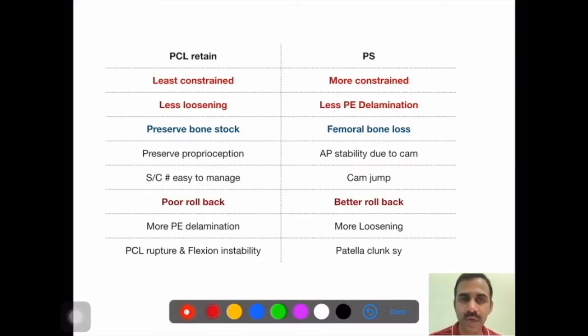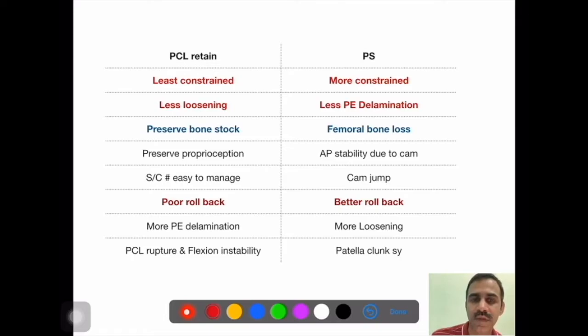The two most commonly used constructs are the PCL retaining knee and the posterior stabilized knee. The PCL retaining knee is the least constrained one and it has the least loosening. It preserves the bone stock and preserves the proprioception to some extent. Supracondylar fractures are easier to manage because there is no cam.